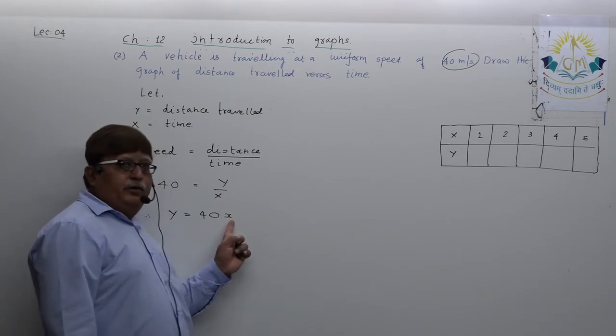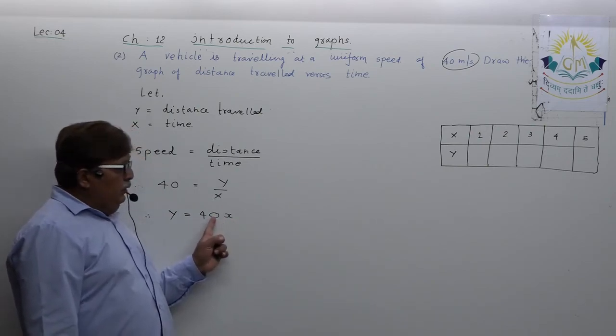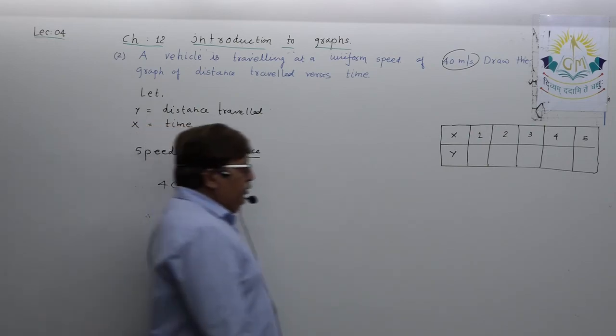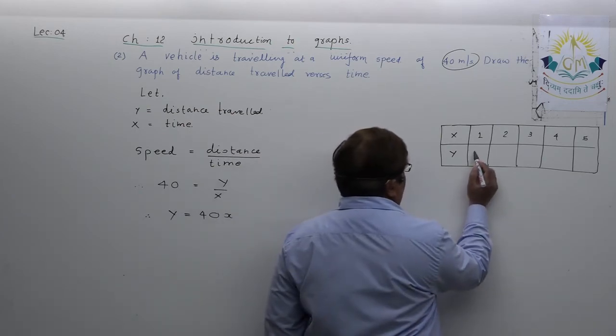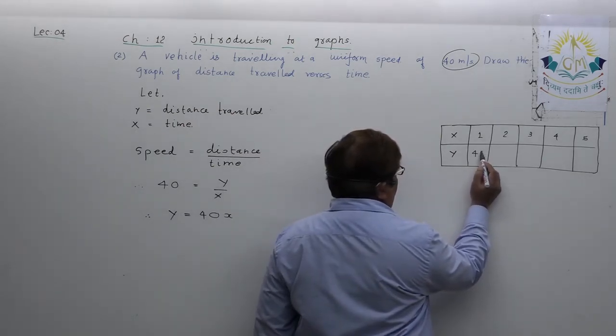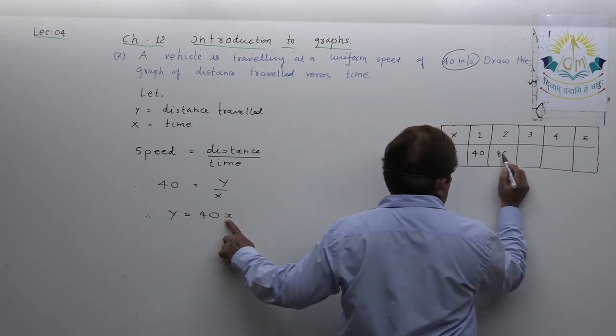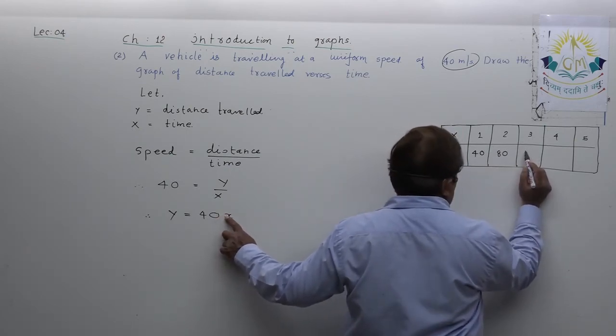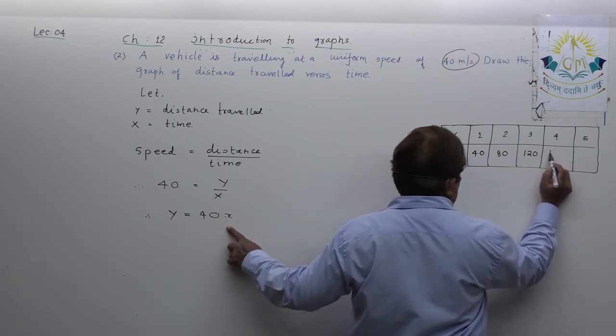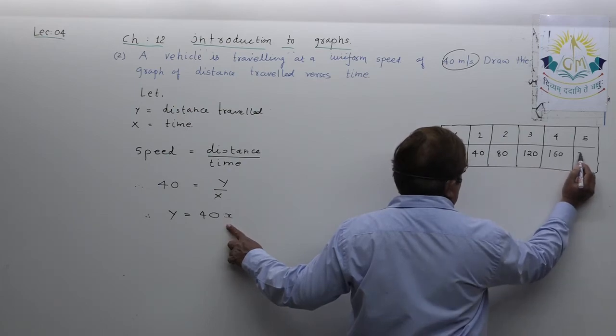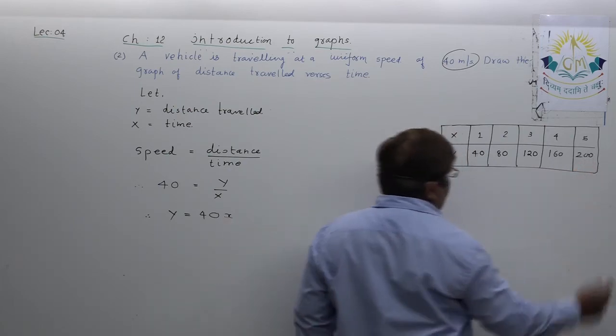You take x equal to 1, 40 ones are 40. Then x as 2, 40 twos are 80. 3, 40 threes are 120. 4, 40 fours are 160, and 5, that is 200.